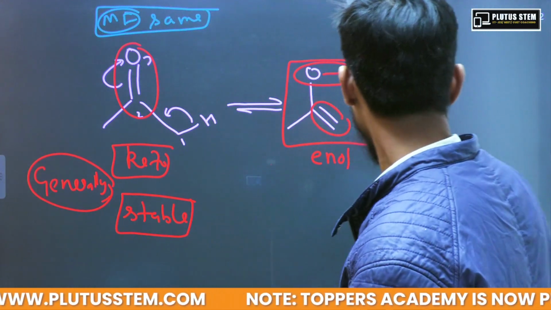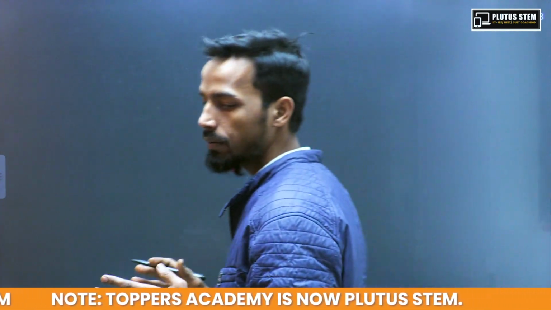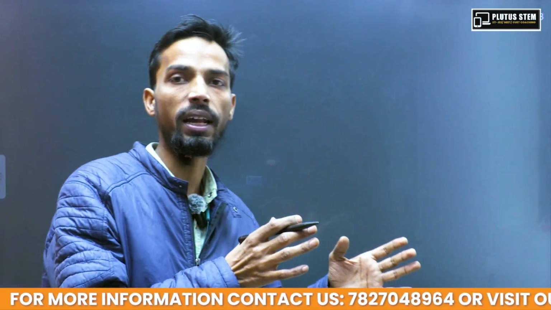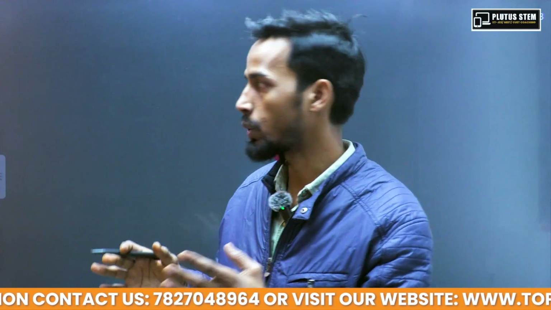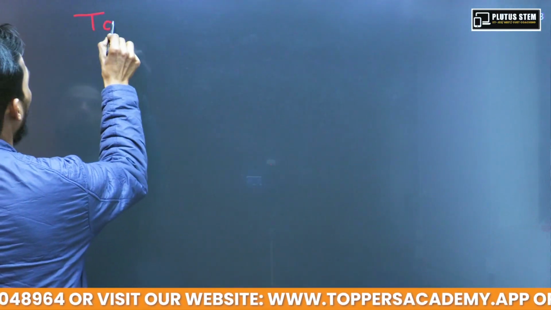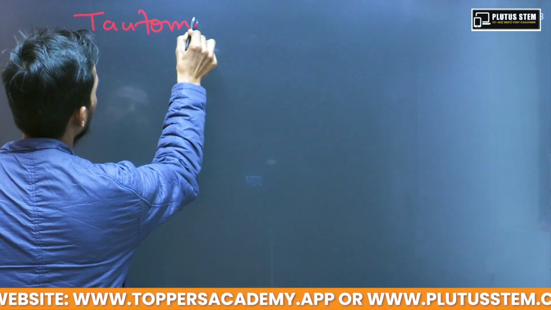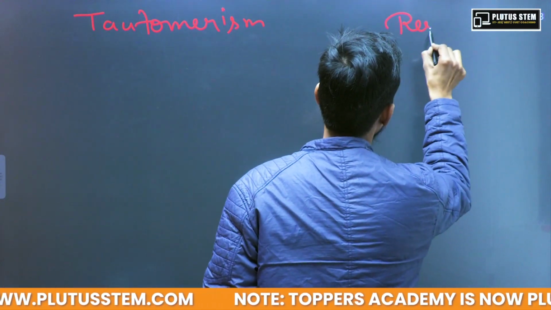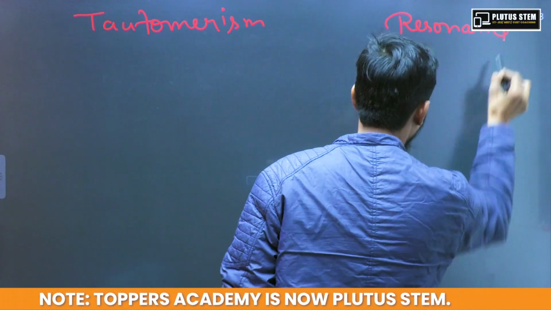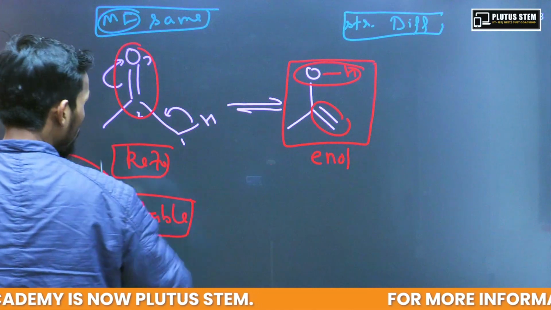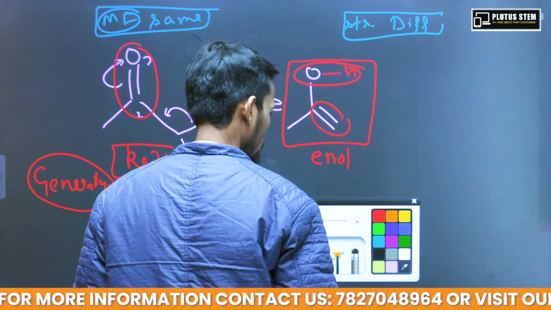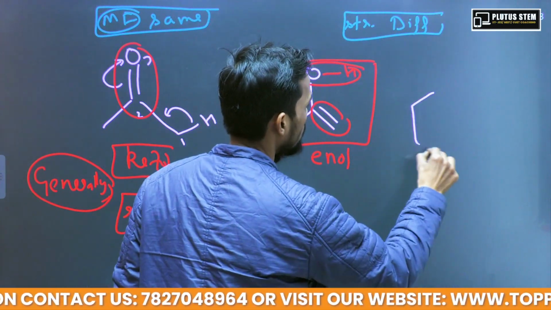Now we will see the basics of this keto-enol. The basic mistake which students make is that they confuse tautomerism with resonance. I will tell you a bit about tautomerism and resonance, because here also we are seeing the movement of electrons, and in resonance also we see the movement of electrons, like this.